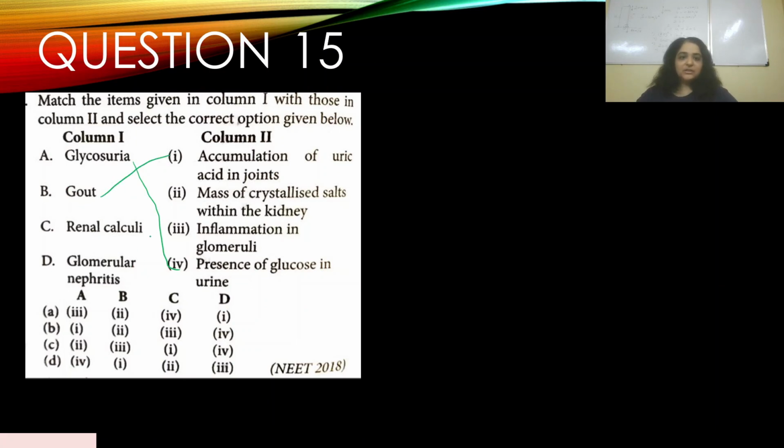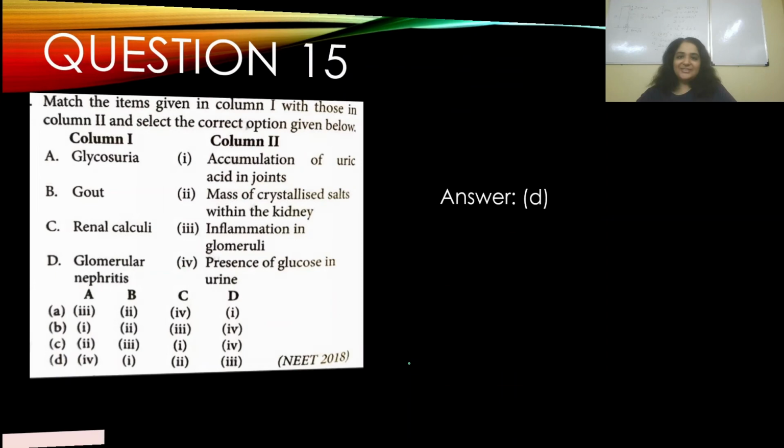Renal calculi is mass of crystallized salts within the kidney. Glomerular nephritis is inflammation of glomeruli. So we have A4, B1, C2 and D3. So the answer is D, and this appeared in NEET 2018.